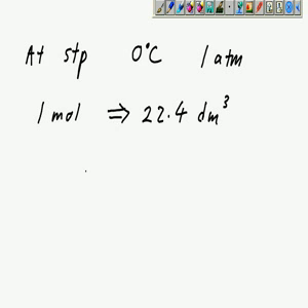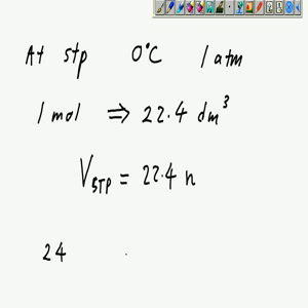So the general formula that we can get is this: at standard temperature and pressure, we put 22.4 times number of moles. So this is what we call molar volume. So 24 or 22.4 are known as molar volume, the volume of 1 mole of gas.